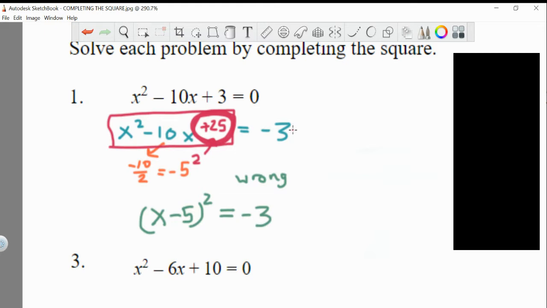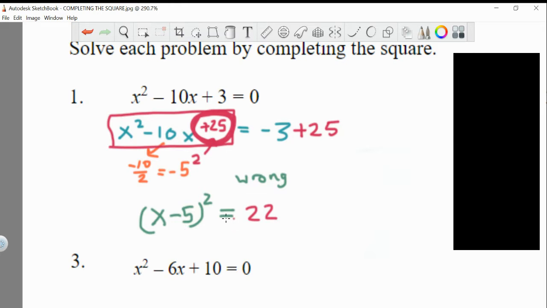What we need to do is put 25 onto both sides. Now it's the same question, because now we've kept things balanced. And so instead of minus 3 here, actually, we need to have minus 3 plus 25. So it should be 22 right here.